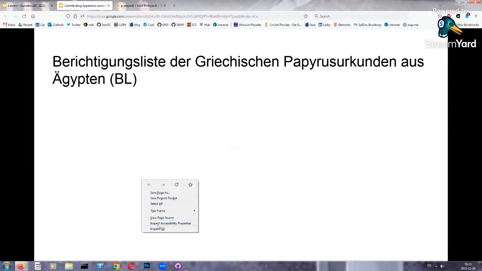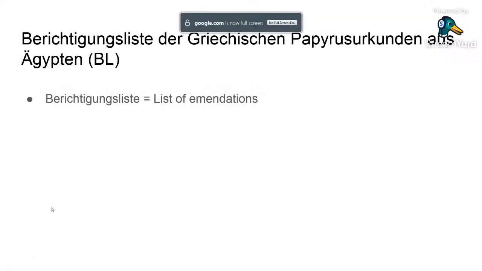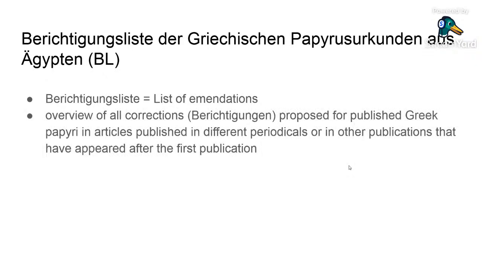So, what is the Berichtigungsliste, the mysterious acronym BL? A list of corrections, list of emendations for the Greek documentary papyri. Sorry, Gabby, this is animated, so you need to click through. Thank you.